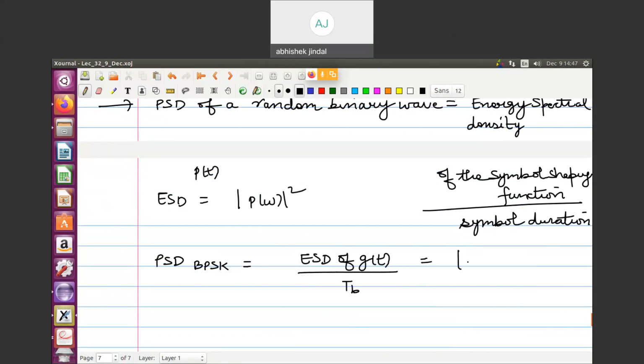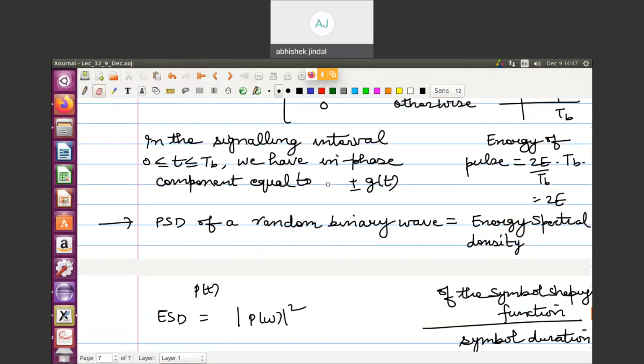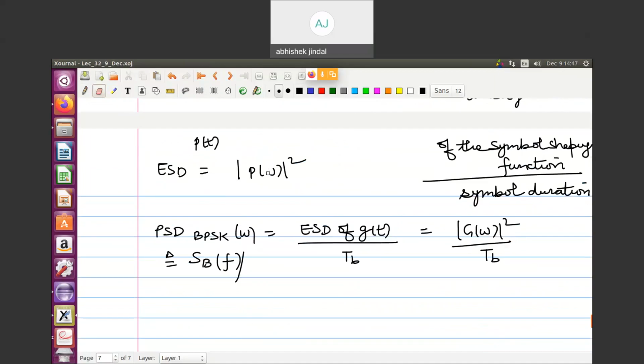It is nothing but, let us say, a function of omega, I should write it as a function of f. Let me use only f, because otherwise it will lead to confusion.